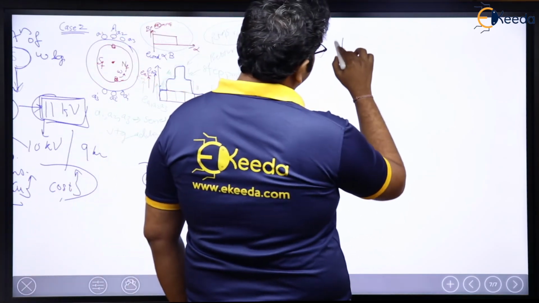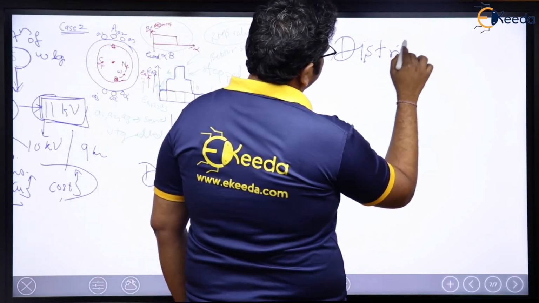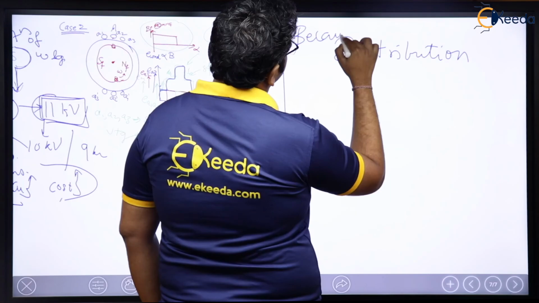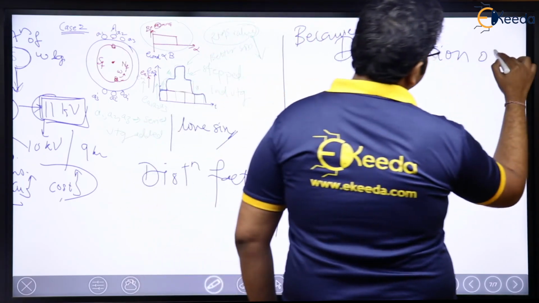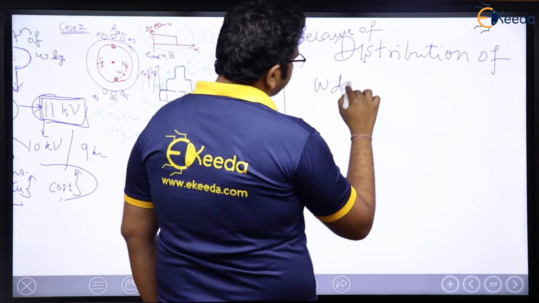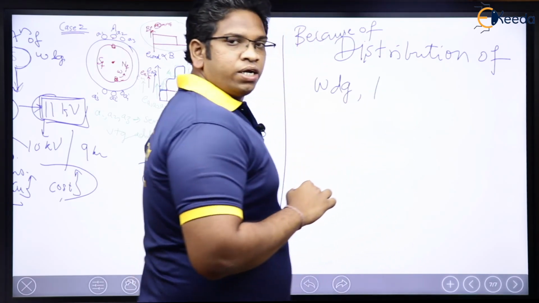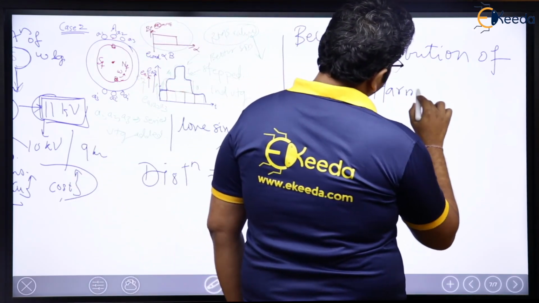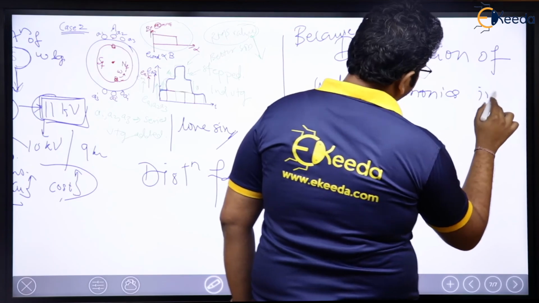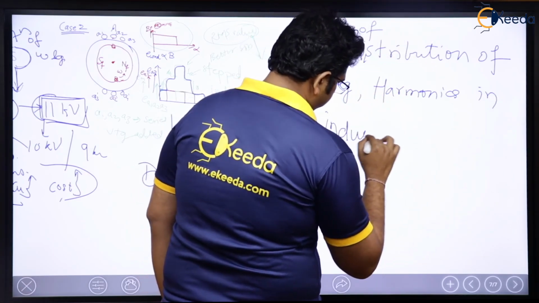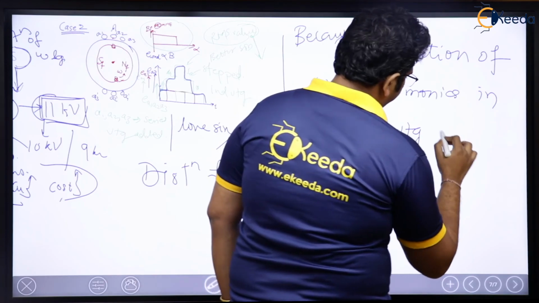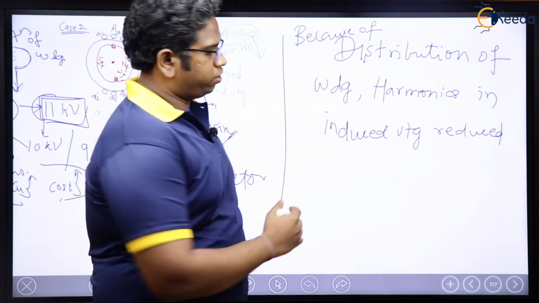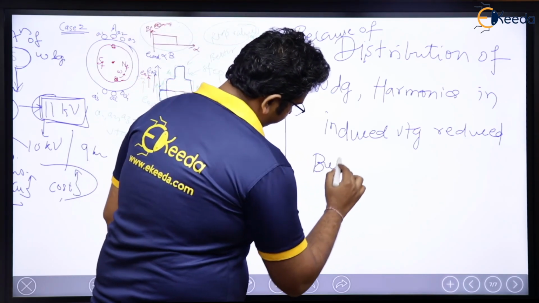Because of distribution of winding, harmonics in the induced voltage drastically reduced, but the volume of copper requirement has increased.